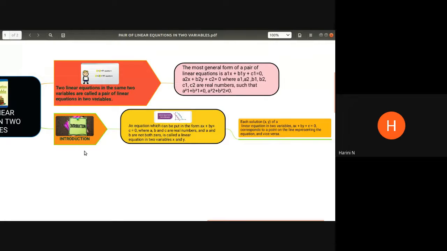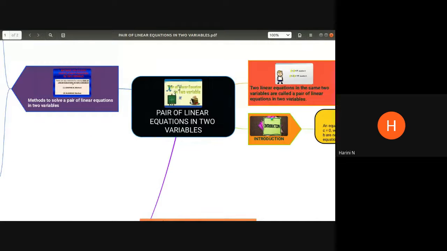So there are conditions which you can describe and tell when a pair will become intersecting, when it would become coincident, or when it would become parallel. Because when you plot a pair of linear equations in two variables, you will be getting two straight lines. And these two straight lines have different conditions at which they may become intersecting, parallel, or coincident. So what these conditions are is very important. We'll be dealing with those also.